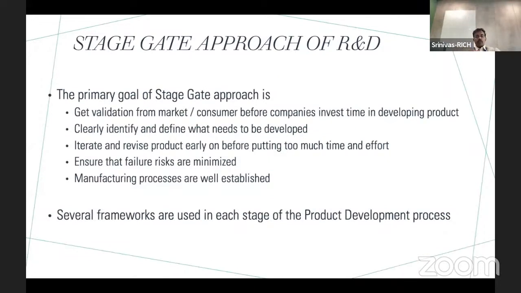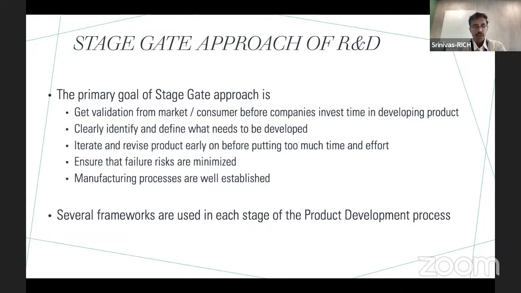So the primary goal again is to get validation from the market before companies invest a lot of time in developing the product, clearly being able to identify what needs to be developed, doing iterative product development, and ensuring that only projects and R&D which are worth pursuing are taken forward.